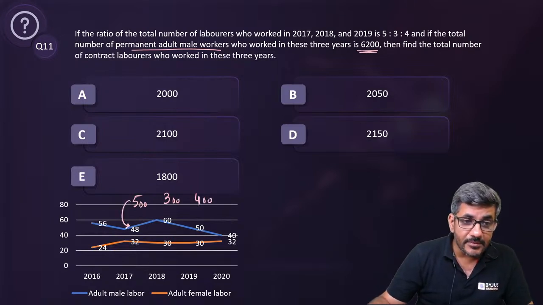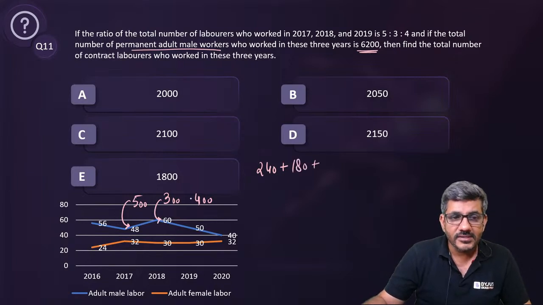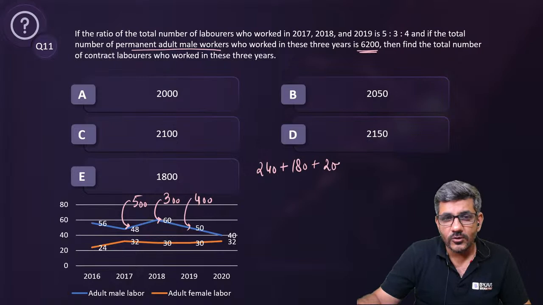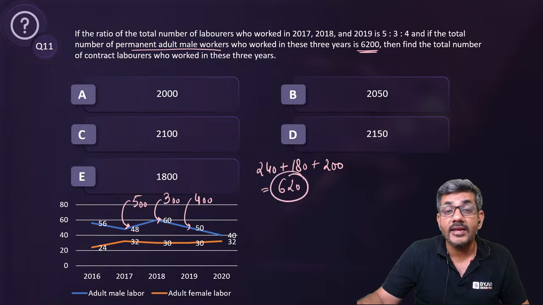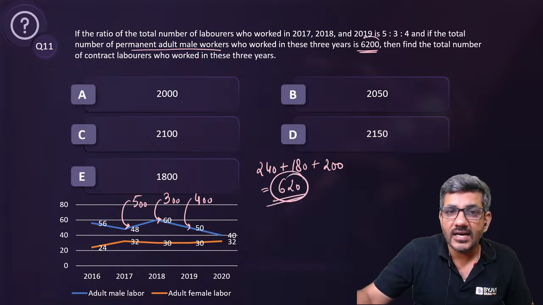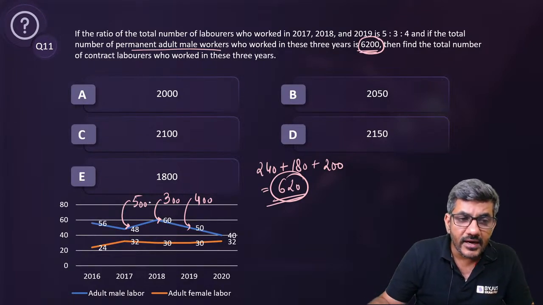It is 48% of 500. 48% of 500 is 240 plus 60% of 300. 60% of 300 is 180 plus 50% of 400, that is equal to 200. This comes out to be 18 plus 24, which is equal to 42 plus 20. It is 620. But the question says they are 6,200. So I just need to multiply them by 10. They are 5,000, they are 3,000, they are 4,000.